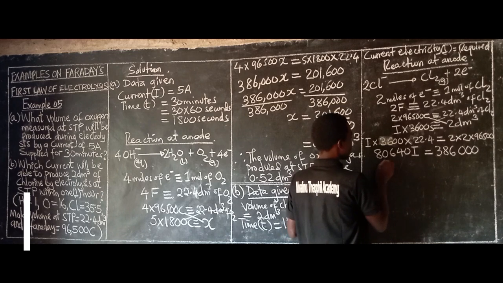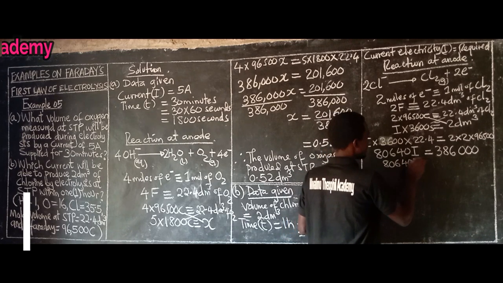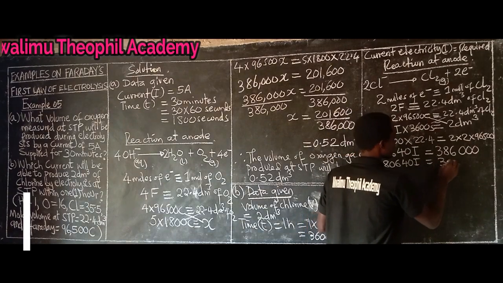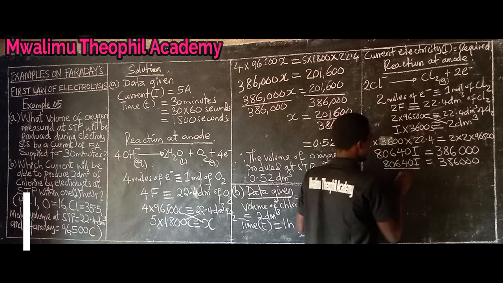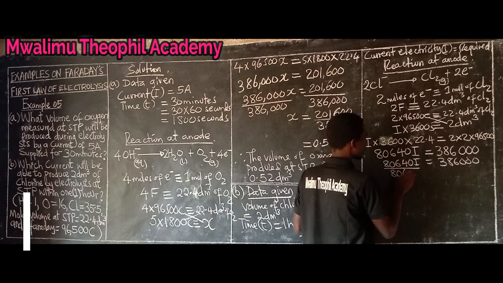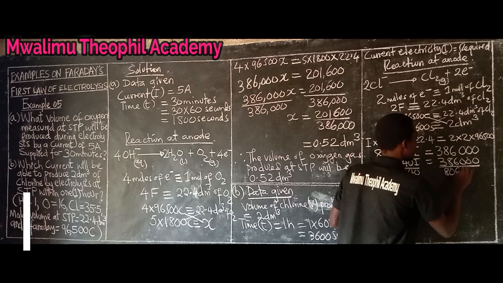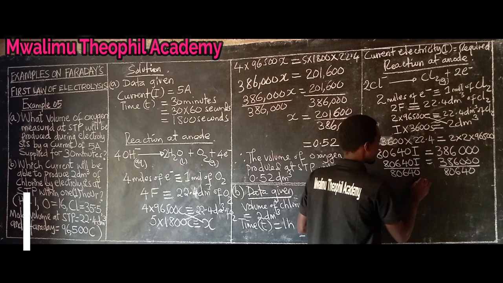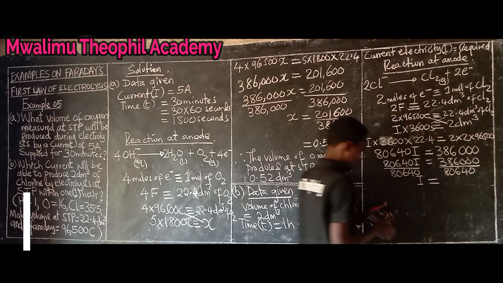Now here we have 80,640 I is equal to 386,000. We divide both sides by 80,640. Here we are remaining with I. I will be equal to 386,000 over 80,640.